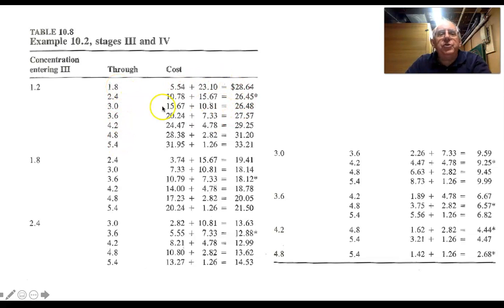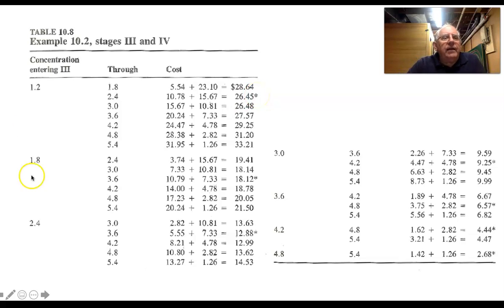And so by doing this, we then see that if we come in at 3 with a 1.2, there is an optimum, a lower value associated with the path to go from there. And so if we come in at 1.2, we need to then allow that stage to go to 2.4, and then from 2.4 to 6, and that gives us the minimum amount of cost.